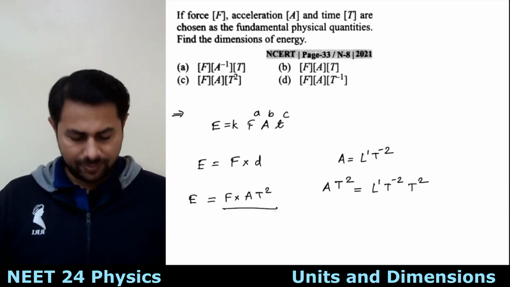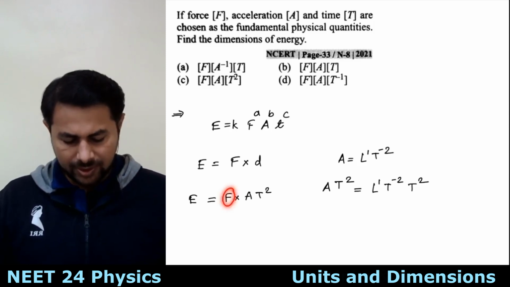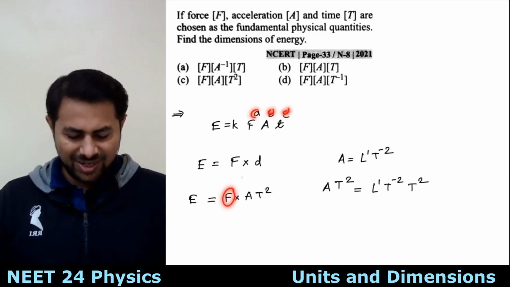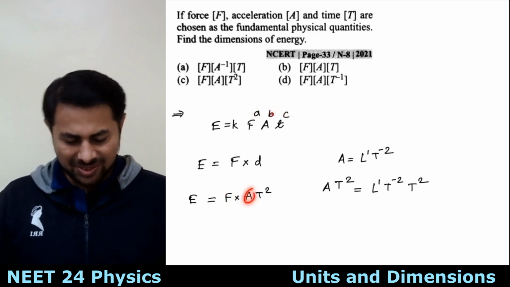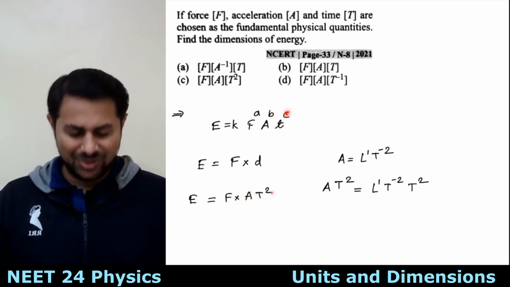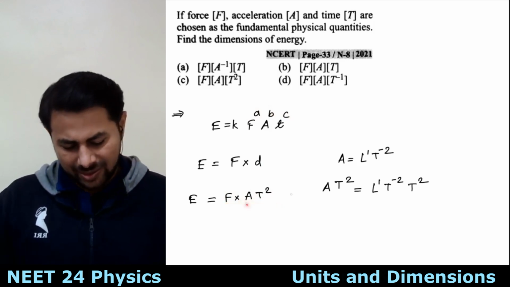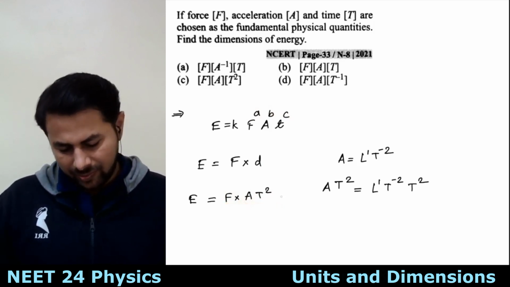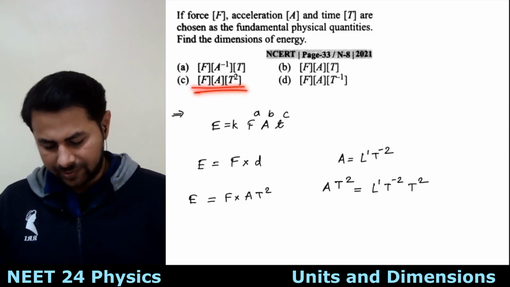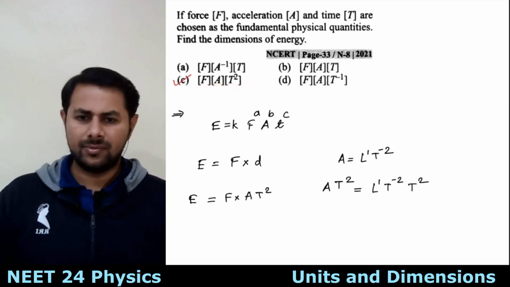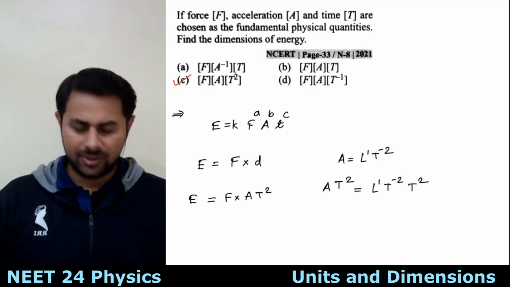This is our answer. So what is the value of A, B, C? A is 1, B is also 1, and C is 2, right? So this is the answer, F1 A1 T to the power 2. That's option C. Yeah, good. So this is clear.